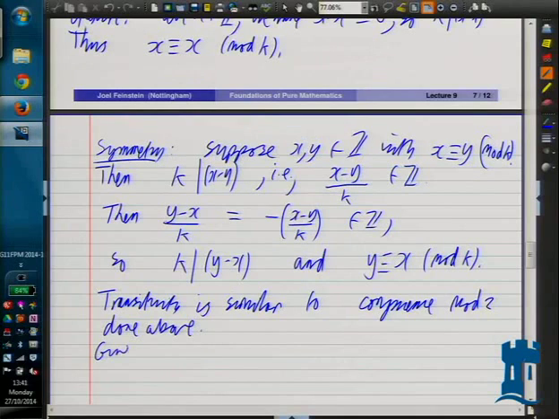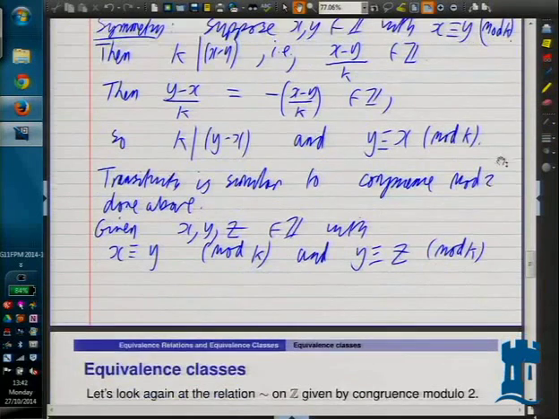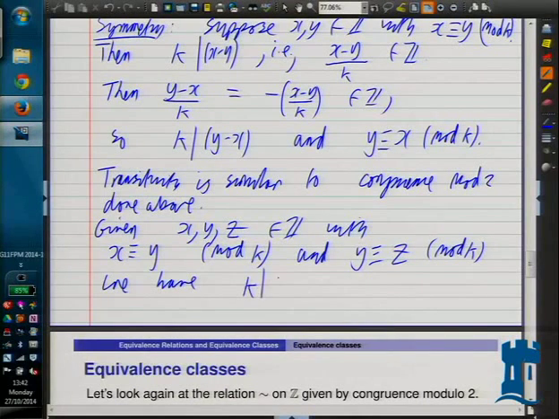So given x, y, z integers with x congruent to y mod k and y congruent to z mod k, we have k divides x minus y and k divides y minus z.